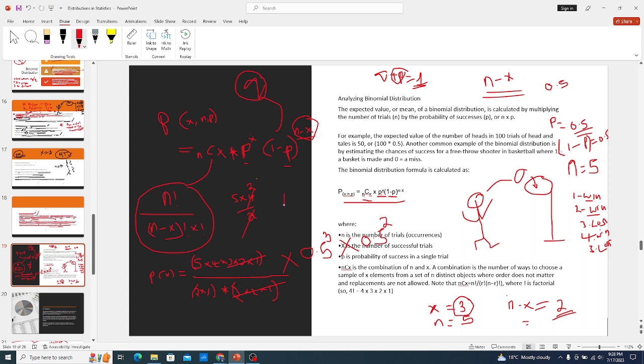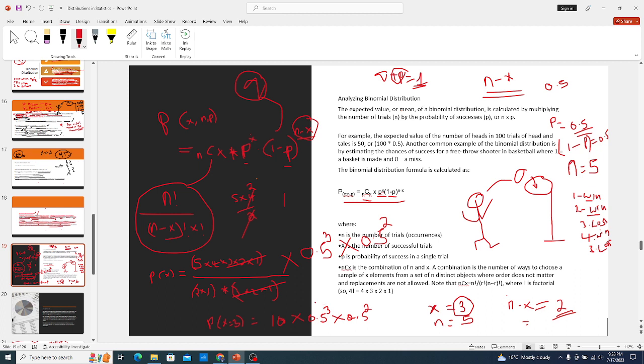So in this case we now have 10. The probability of X equals 3 will be equal to 10 multiplied by 0.5 cubed multiplied by 0.5 squared.